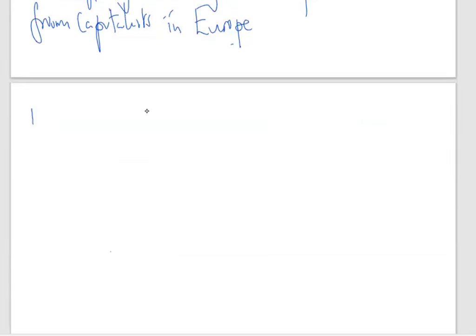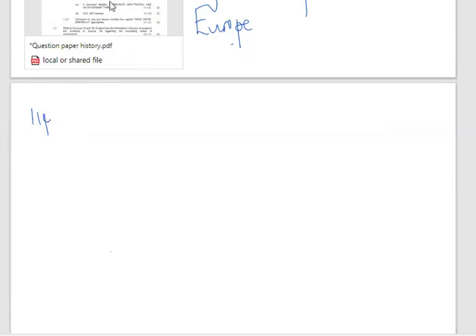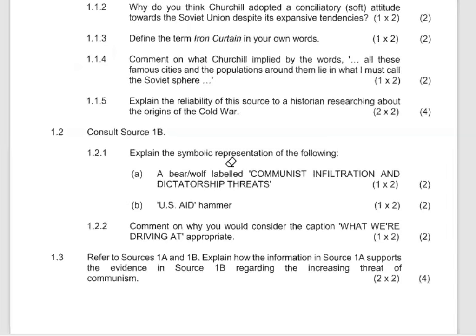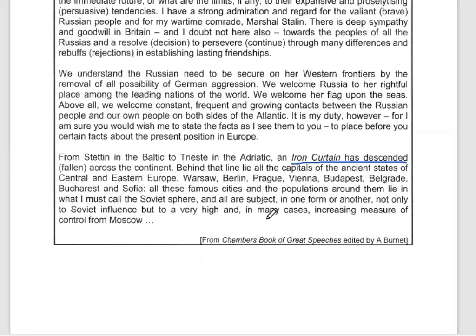Moving on to the next question, number 114. Number 114 says, comment on what Churchill implied by the words: all these famous cities and the populations around them lie in what I must call the Soviet sphere. If we check the context of the question, where do we get that statement?